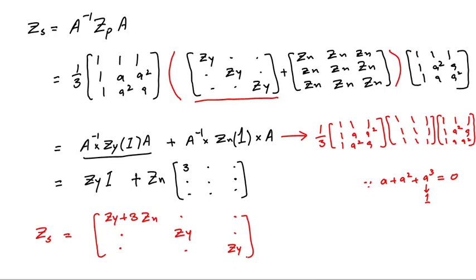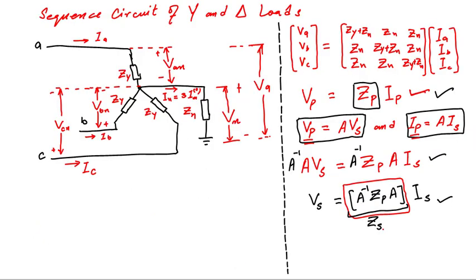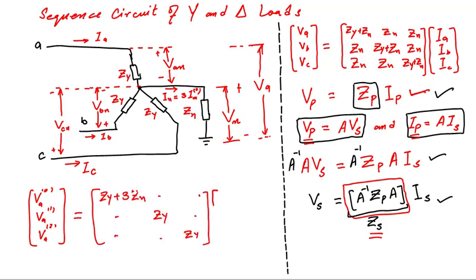Now let's put this value back into the equation in the previous slide. Here we are going to substitute the value of ZS. We can write VA0 sequence, VA positive sequence, VA negative sequence, that is the sequence voltage vector Vs, equal to Zs multiplied by the sequence current vector.